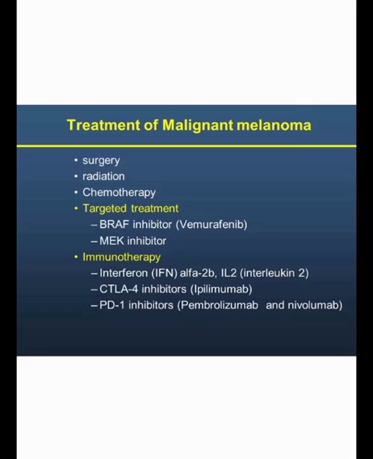Regarding the treatment of malignant melanoma, surgery is the best option. Excisional surgery can be done, or Mohs surgery, microscopic surgery, can be done. Then radiation is the other way of management. Then chemotherapy can be given with cyclophosphamide.